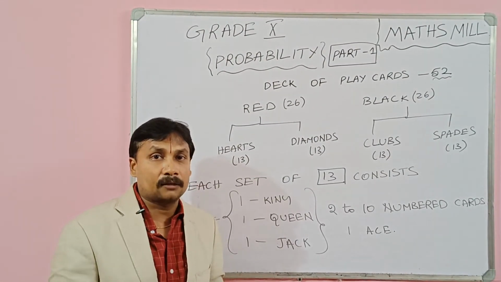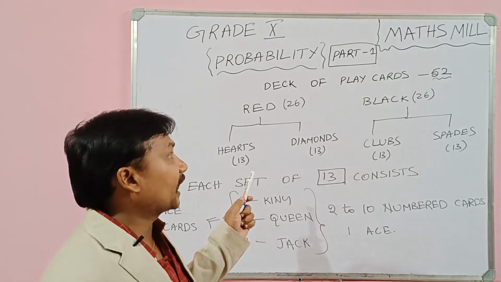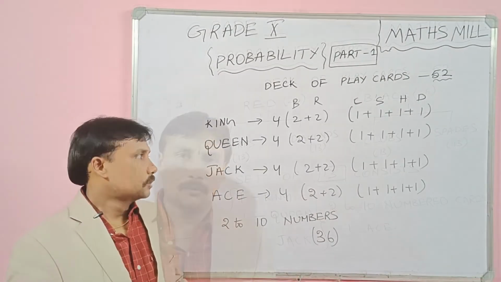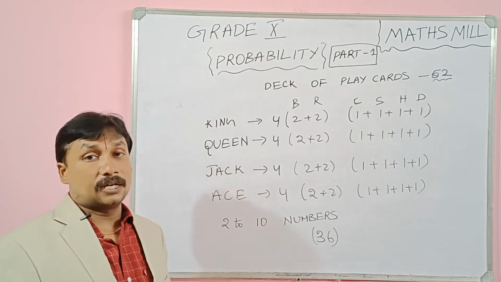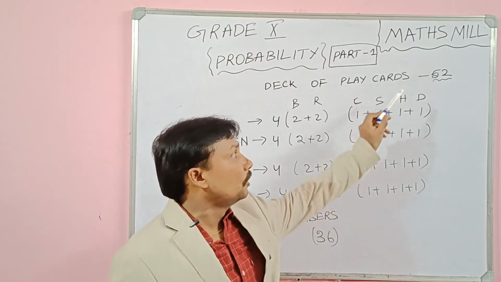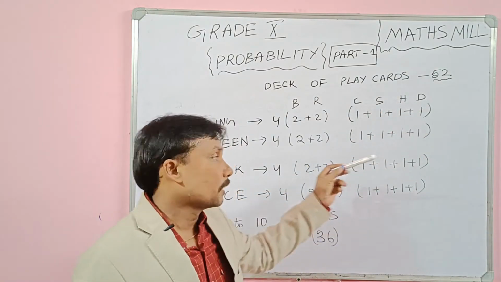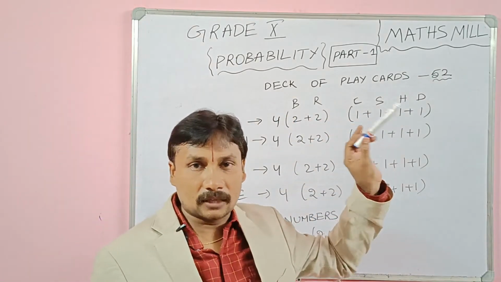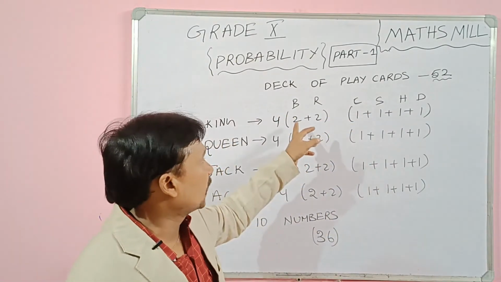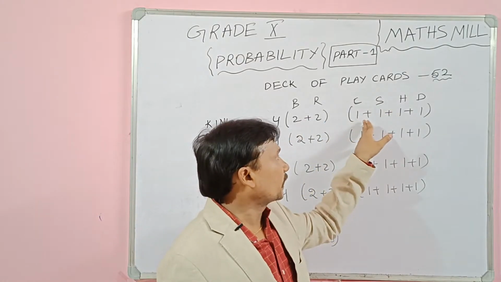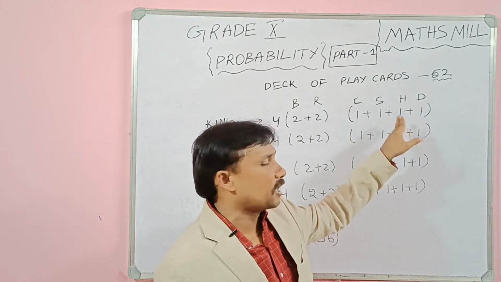Once we learn about the deck of playing cards, after that we may get questions. Again I have given one more segregation. Out of the 52, if you take king, 4 kings are there. You have to remember that. Of them, 2 red kings and 2 black kings: 1 club, 1 spade, 1 heart, 1 diamond.